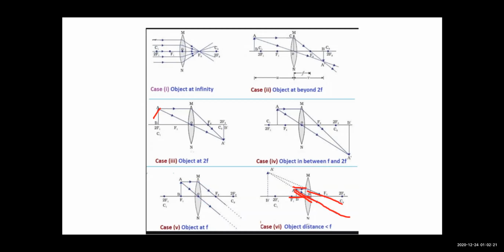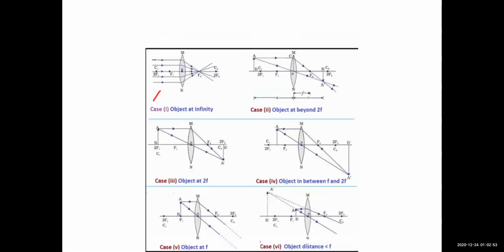So we are extending them backwards and they appear to meet somewhere back, and the image of the object, that is this small AB, is formed at A dash B dash. So the image formed is virtual, and as it is virtual, it is erect. The image is formed on the same side of the lens where you have placed the object, and the image is enlarged. The image is enlarged, right?